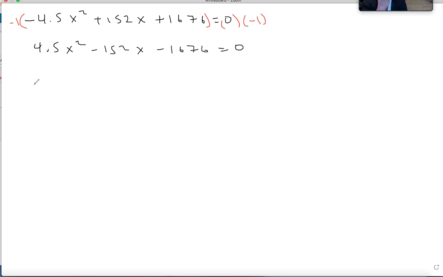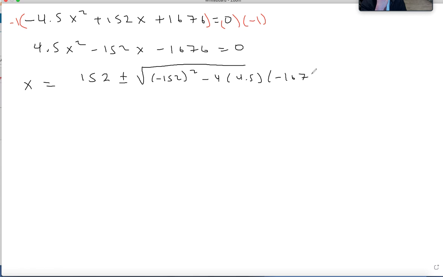So chunking that into the quadratic formula, we'll have x equals the negative of negative 152, which would just be 152, plus or minus the square root of negative 152 squared, I'll figure that out in a second, minus 4 times a, which is 4.5, times c, which is negative 1676, all over 2a.